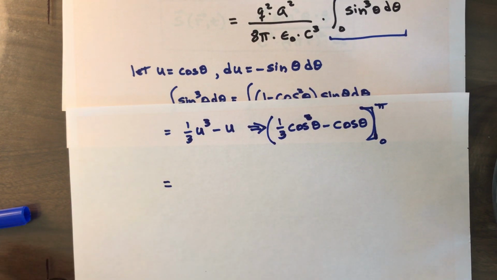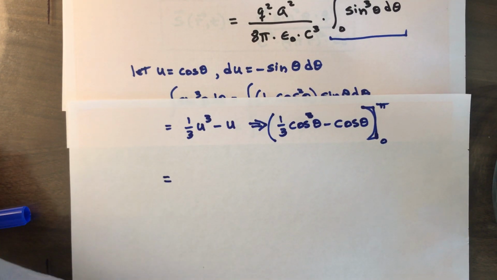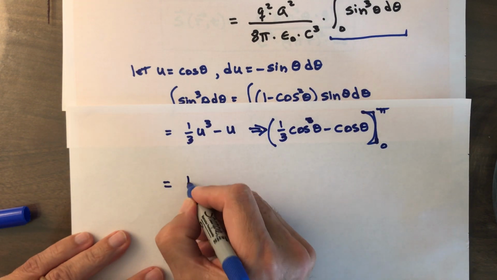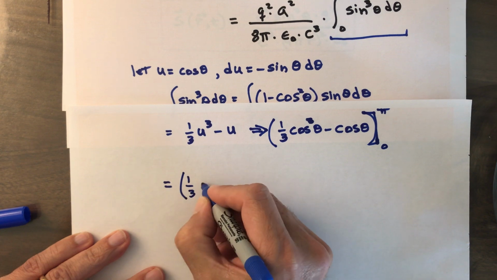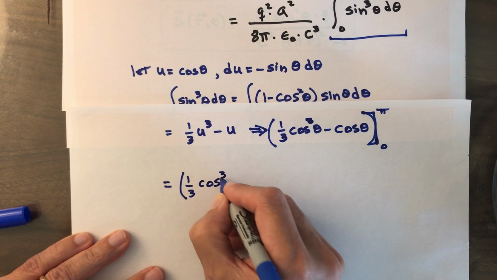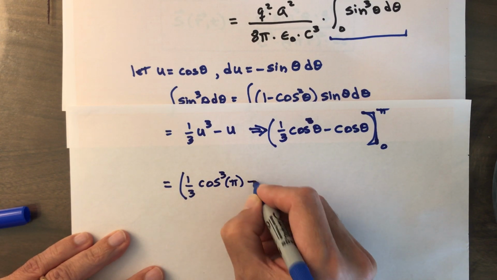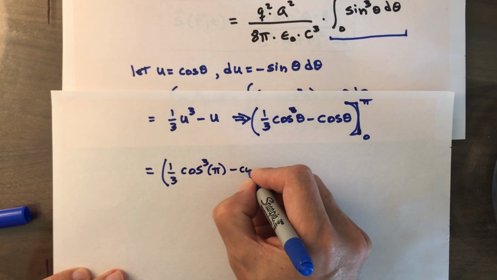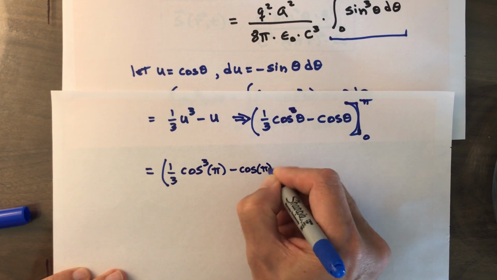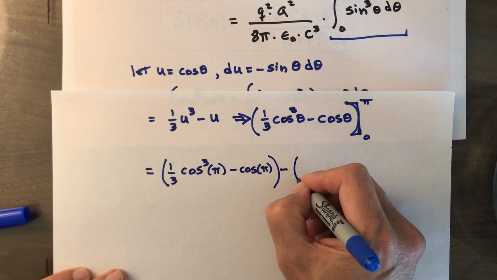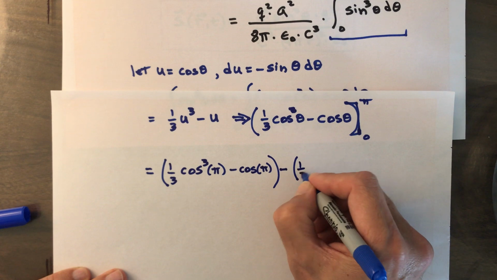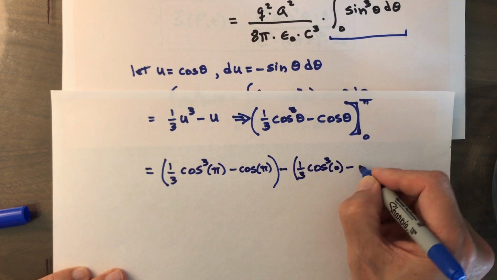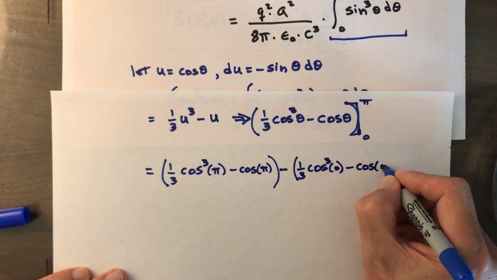Now we can go ahead and continue evaluating by saying that's 1/3 cosine cubed of pi minus cosine of pi, minus 1/3 cosine cubed of 0 minus cosine of 0.